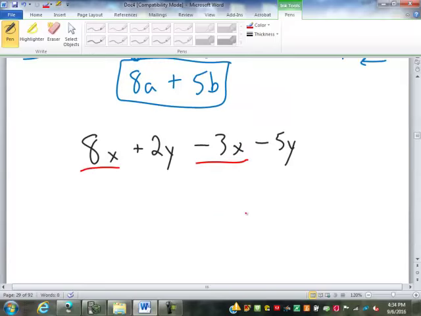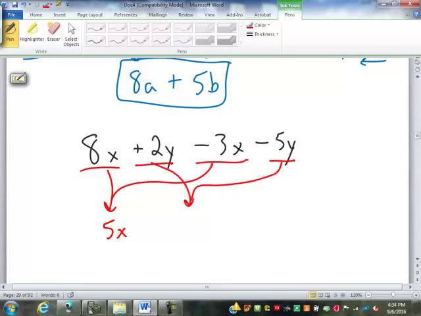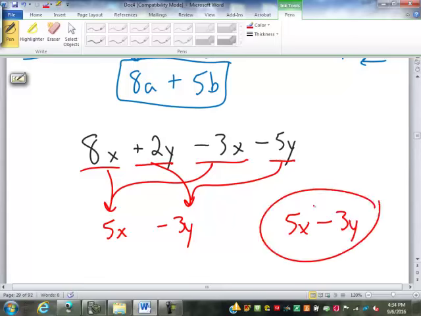So that becomes what? 5x, good. Now I've got 2y and negative 5y are going to become negative 3y. So since that's negative, this is going to be written as just 5x minus 3y. The negative becomes the connecting operation between them.